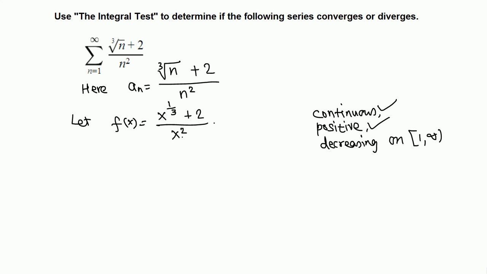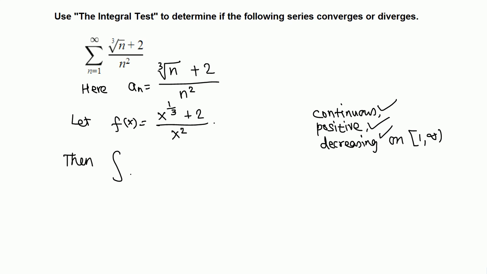Obviously x squared grows faster. When we take x equals, let's say 1000, 1000 squared, and the cube root of 1000 is just 10. When x increases, the bottom grows faster than the top, so overall the function decreases. So this is also true. Then we can use the integral test.